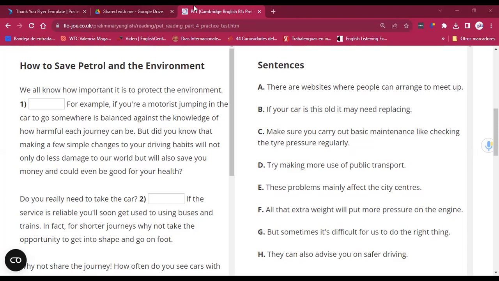Let's do voting. Okay, so Ariana, which sentence do you think can be put there? From A to H. I think letter A. Letter A. Okay, you vote for letter A. Dianis?